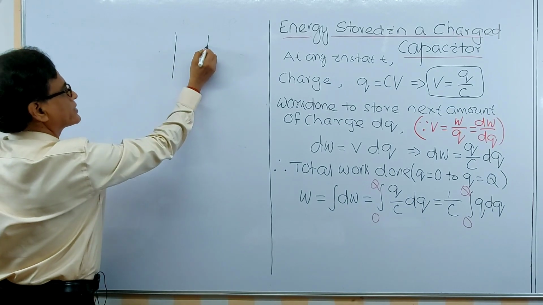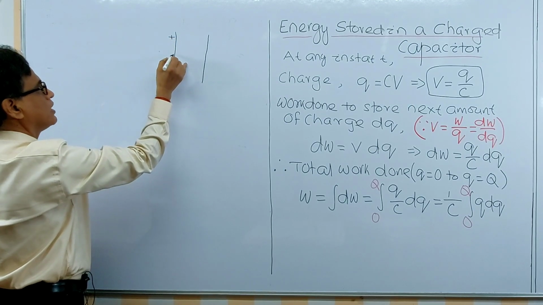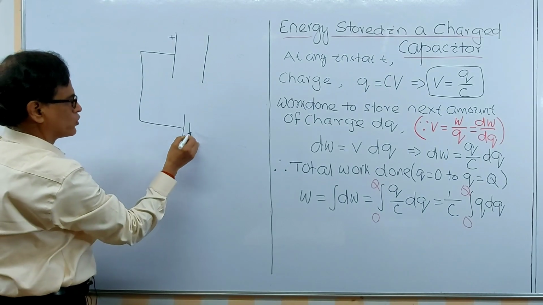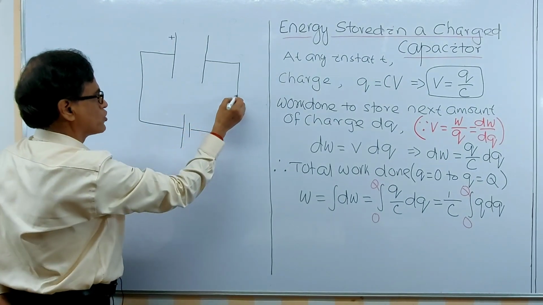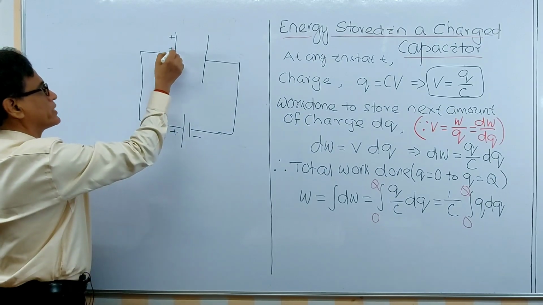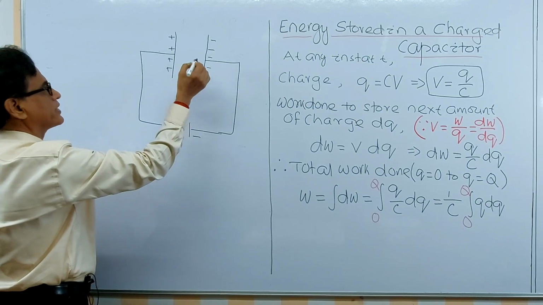This is a plate and this side is the positive charge, and we can connect this to a potential source or voltage source. One is positive, this is negative, so automatically this plate becomes positively charged and this plate becomes negatively charged.